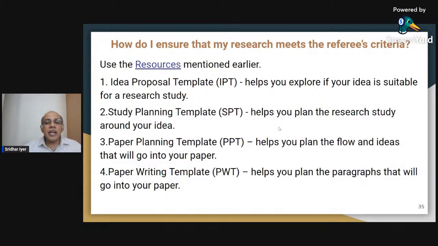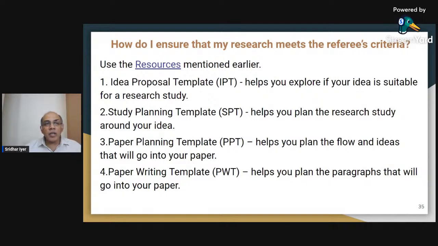And then there is the paper planning template, which will help you plan the ideas that are going to go into the paper, pretty much what we talked about today. It will guide you through identifying where the novelty in your paper is, how to do the positioning, and so on. And finally, the paper writing template will help you plan the paragraphs that will go into the paper.